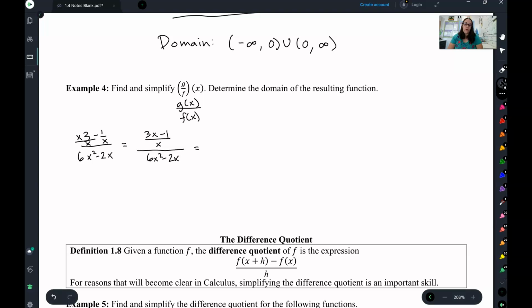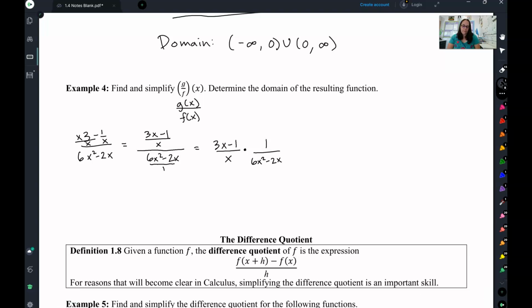Now, hopefully you remember keep, switch, flip. Keep, switch, flip says we can keep the numerator, switch to multiplying, and then flip the denominator. So technically this denominator is over a secret 1, so when I flip it, I get that.